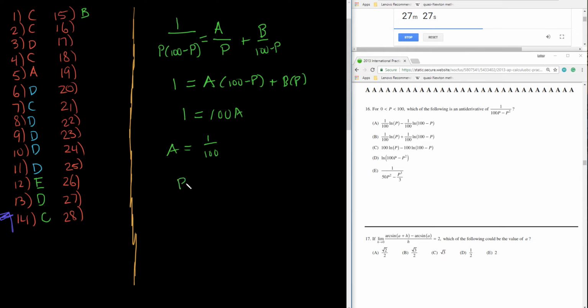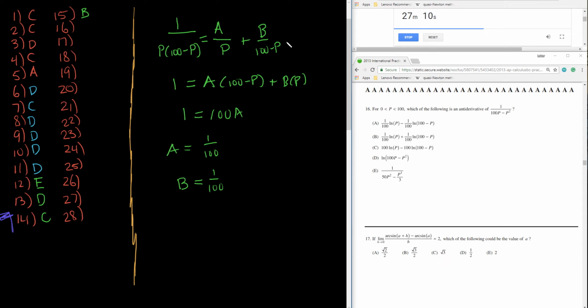And then B, so set P equal to 100, and you get that B also equals 1/100th. That's correct also, right? Yeah. Okay, so that makes sense also.